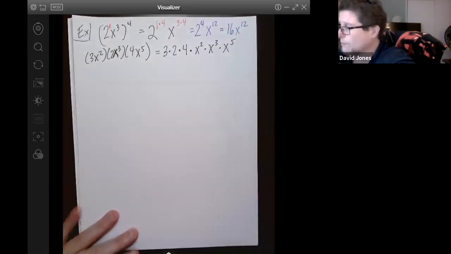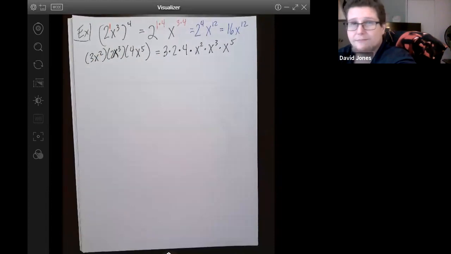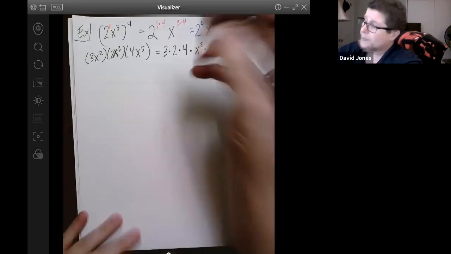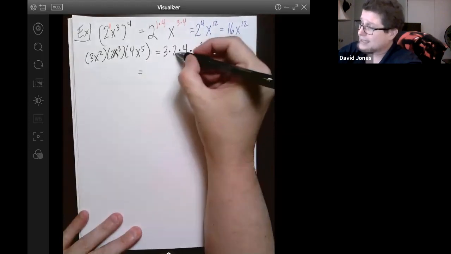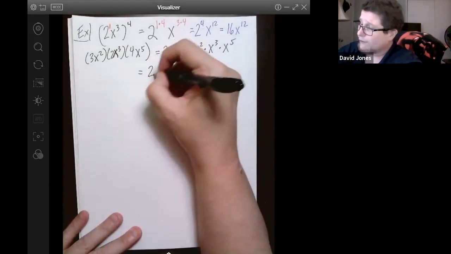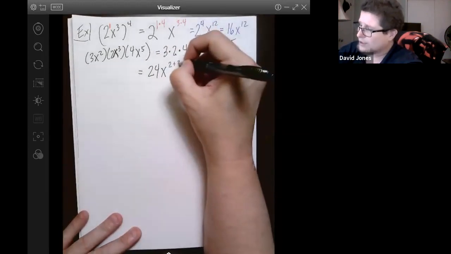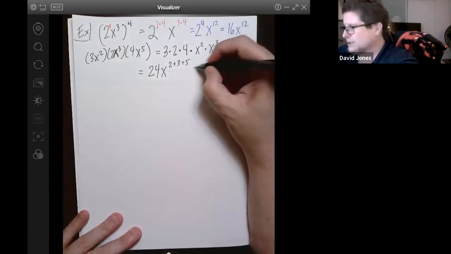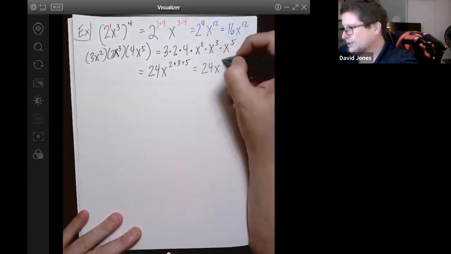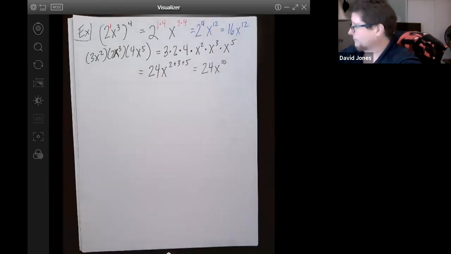Remember, multiplication is commutative, and so I can switch the order around, put all the numbers in front. 3 times 2 is 6. 6 times 4 is 24. And on the x's, I add the exponents, 2 plus 3 plus 5. This becomes 24 times x to the 10th power. So this was multiplying monomials right there.